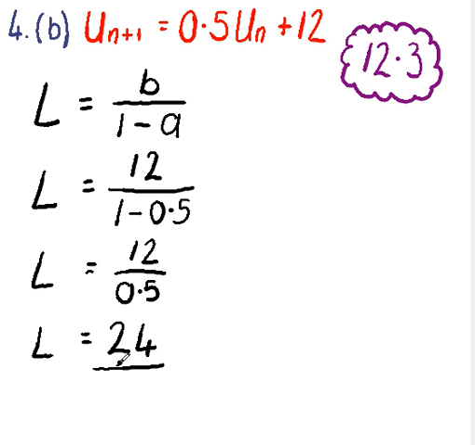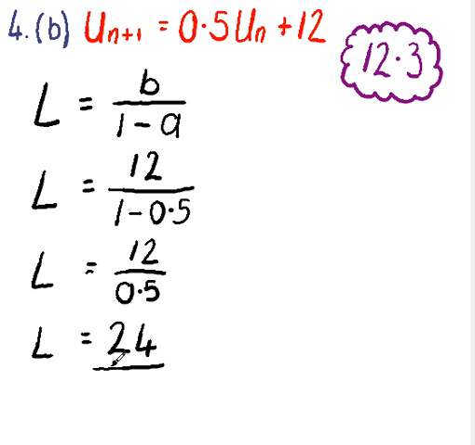But if we also think back to part A, we notice that this value, the value at the end of each period, wasn't the lowest value that the mass fell to during any given period, because at the end of each period we had 12 added.